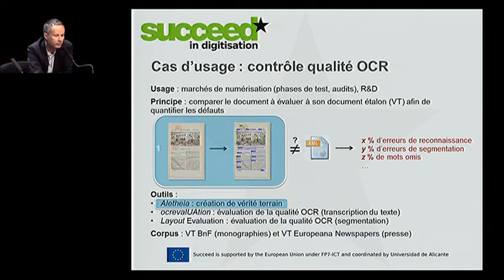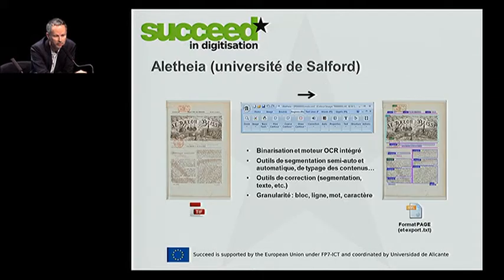This allows us, as you can see on the screen, to go from one scanned image to a digital representation with the text transcribed, the different portions of the document, the illustration, the upper and lower margins, and the text blocks. Those are the points that mostly interest us, particularly the text blocks.